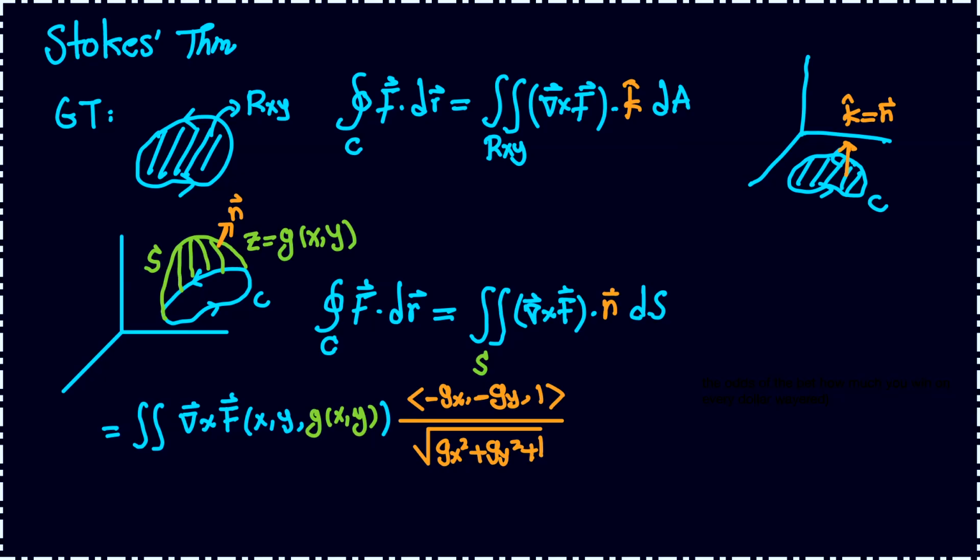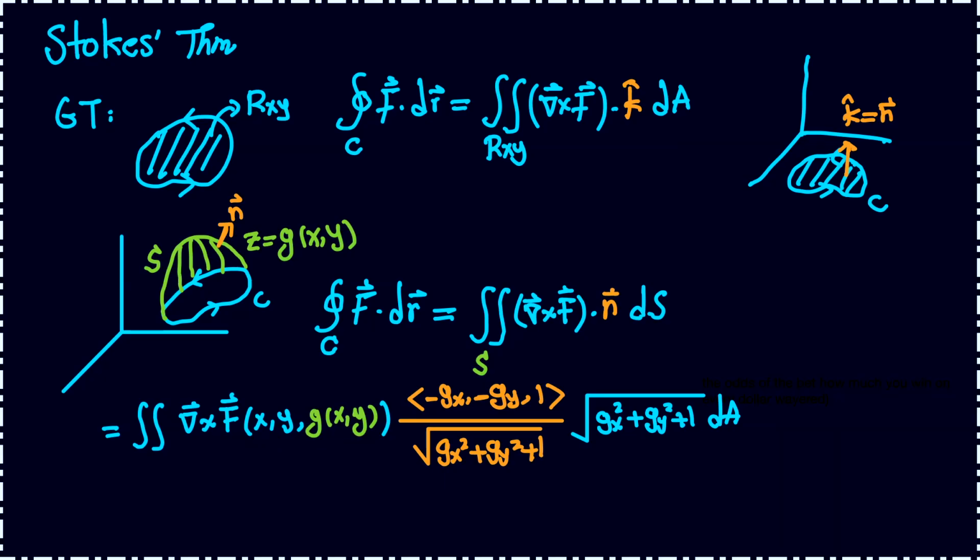And then dS, the surface area increment, is the square root of g sub x squared plus g sub y squared plus 1 dA. Right, so the integrand is dependent on only x and y.